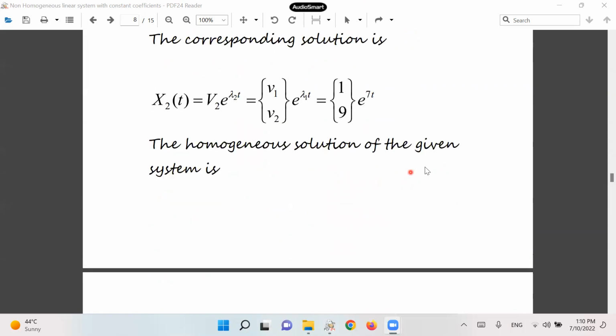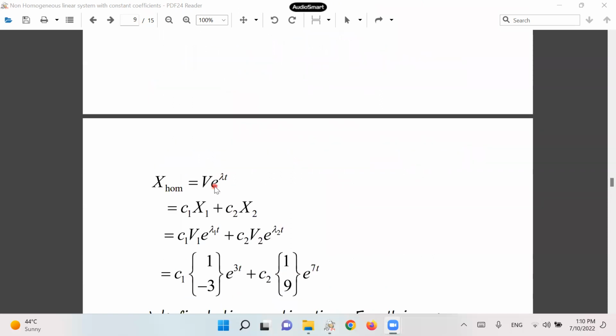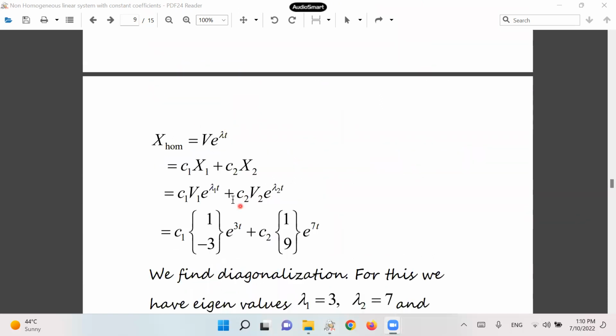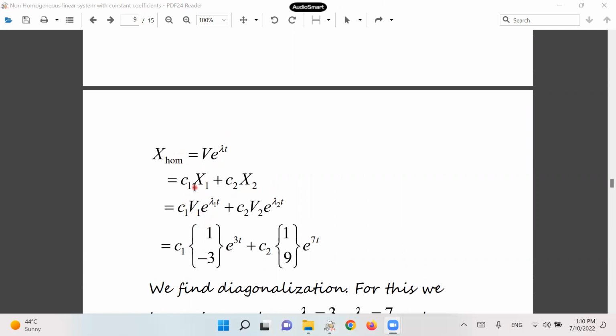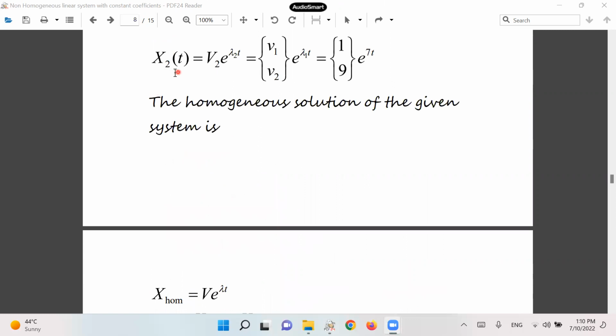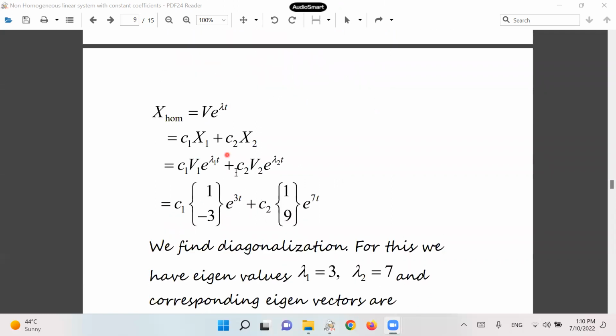The homogeneous solution for the given system of equations: we will write down the solution for the homogeneous part of this, and it is equal to c1 x1 plus c2 x2, where x1 is what we have just seen, x2 is v2 into e power lambda 2t, and x1 is v1 e power lambda 1t.